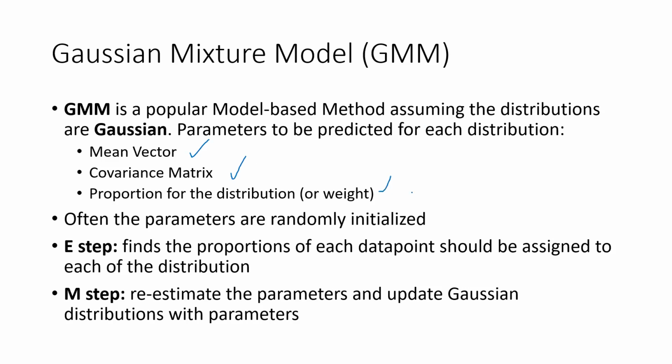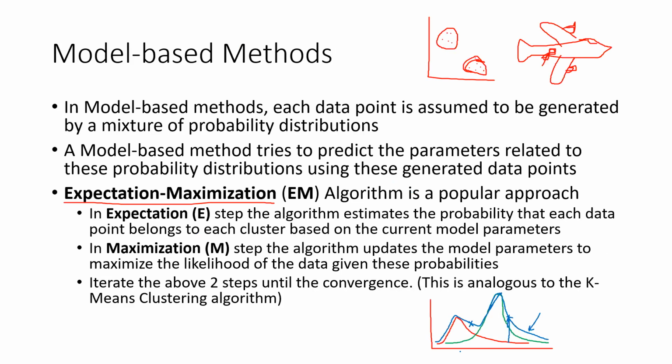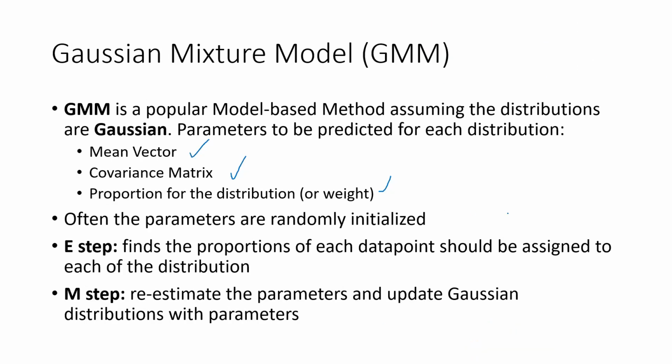That means if you take this red distribution and the green distribution, each of them will have mean values, each of them have variance, and each of them have proportions. So this has a lesser proportion, this has a higher proportion. So we have to find these three values.